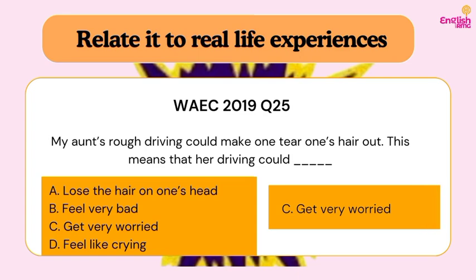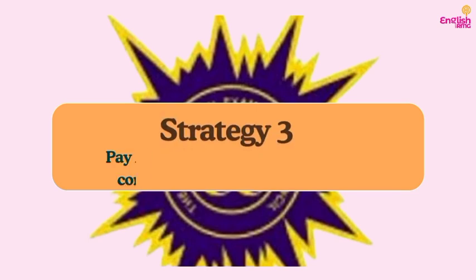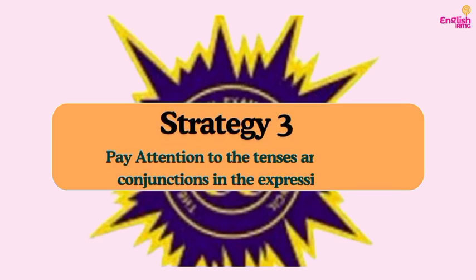So if I say my aunt's rough driving could make one tear one's hair out, I'm saying that my aunt's rough driving could make one get very worried. Do you understand? I hope you are getting how I'm relating the context to real life experiences to get my answer correctly so that I don't fall for the wrong answers that are similar to the correct answer.